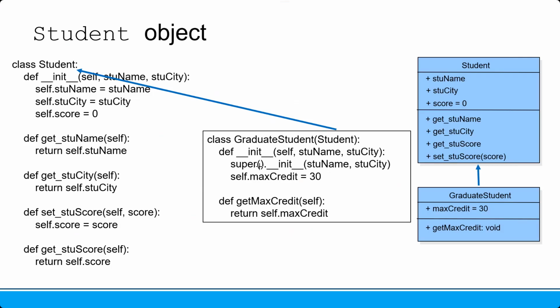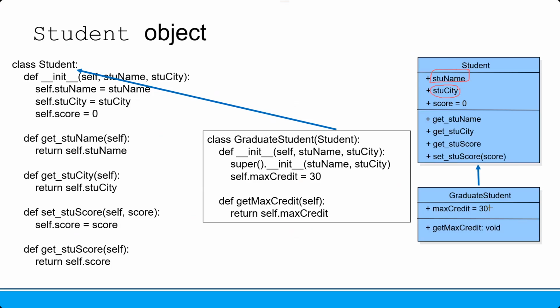For Hakonsen, you need to take only 27 credits. The student name and student city are the same, but the characteristics are a little bit different.